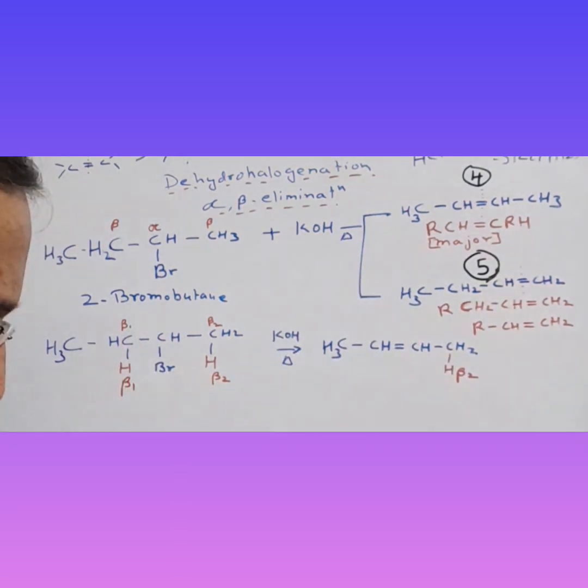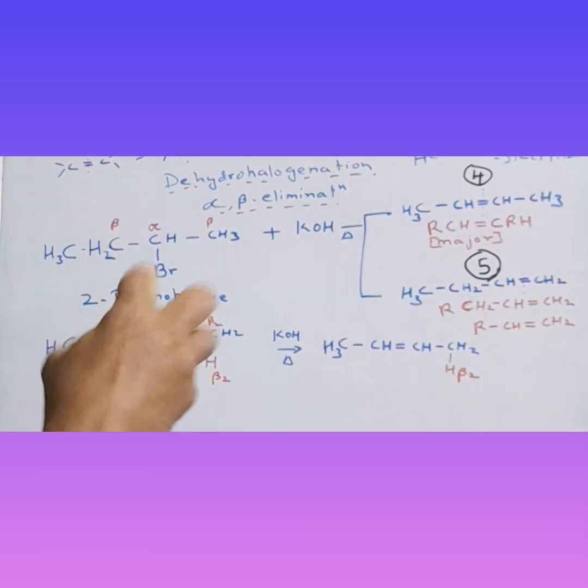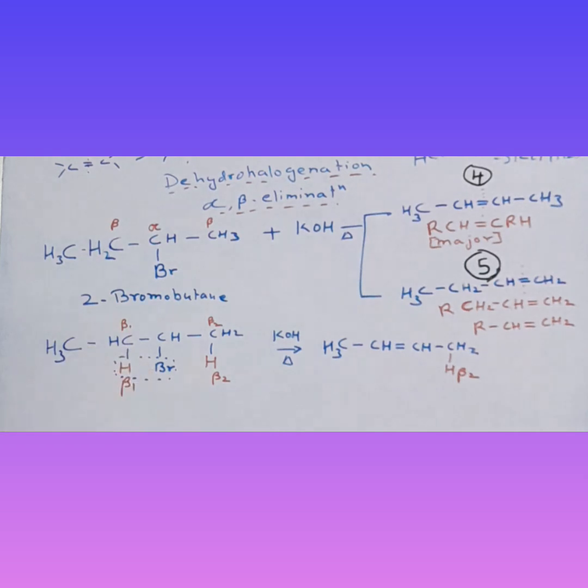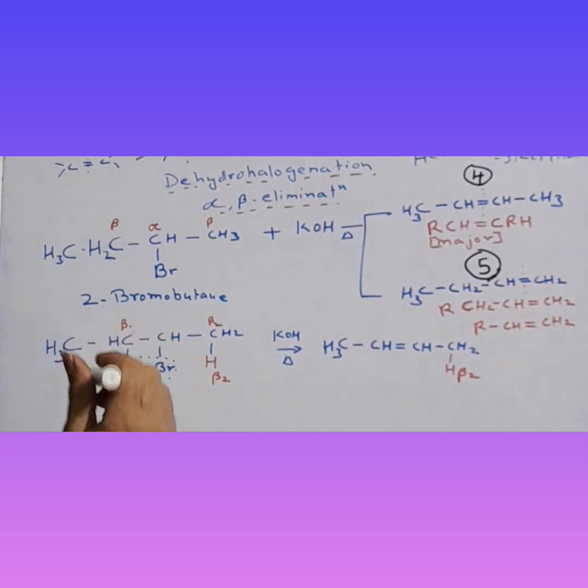So which is it that is being involved? This is the HBr which has been eliminated, which has been dehydrohalogenated. So this is HBr. When this goes, how does it go?